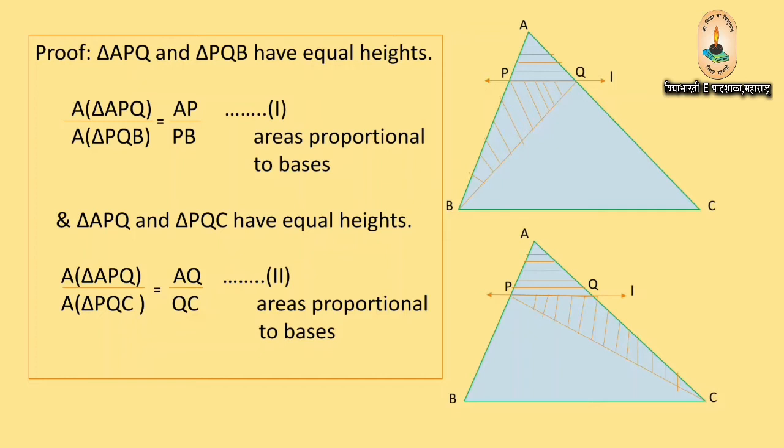Therefore area of triangle APQ upon area of triangle PQC equals to ratio of their bases, equal to AQ upon QC. Number this as 2.